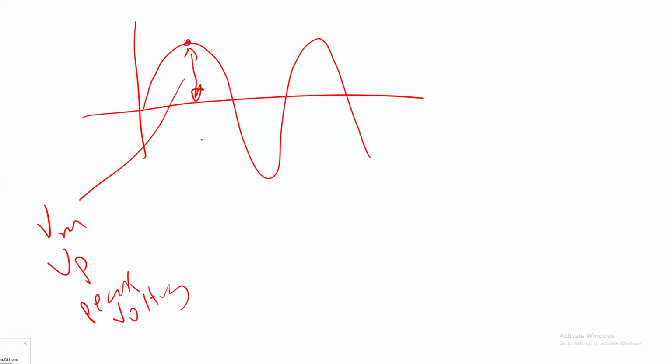And they are the same, so if this is also VM, the same value, you see what I'm saying? Sometimes if you have a sinusoidal signal, we use this parameter VP. So you need to know what we mean by VP or VM. VP or VM is actually the maximum.